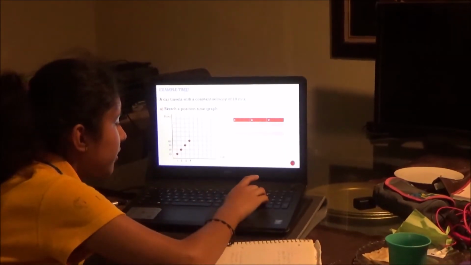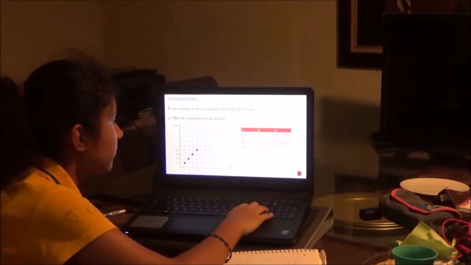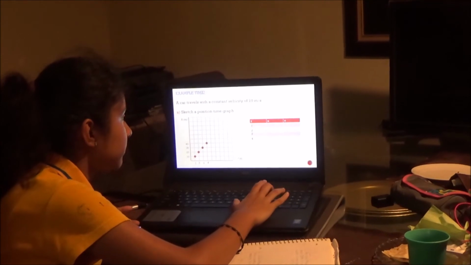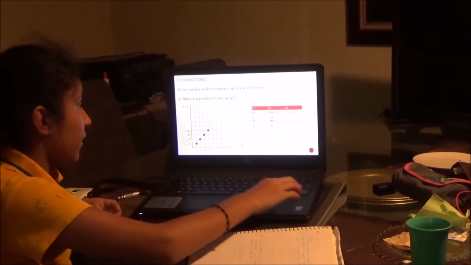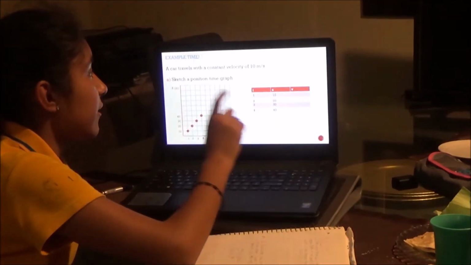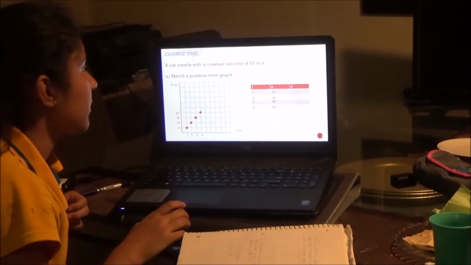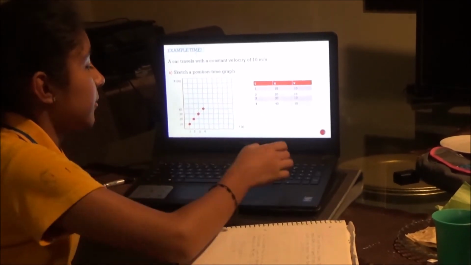So now we pass it to the graphic. And we have 4 seconds. Now the position: we go with the numbers that are on this side of the graphic. And the velocity is the information that is in the problem, 10 meters per second.